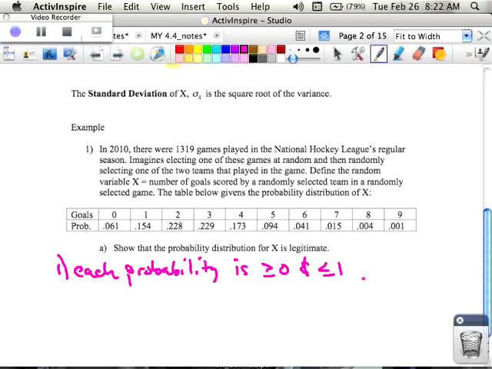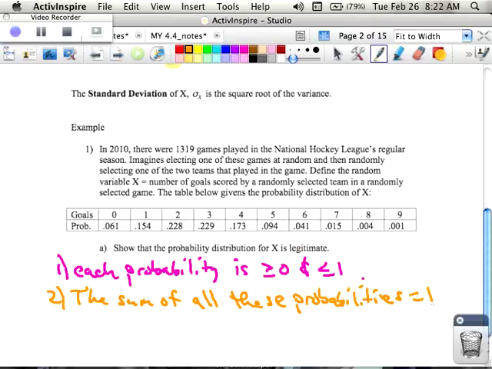And number 2, the sum of all these probabilities equals 1.